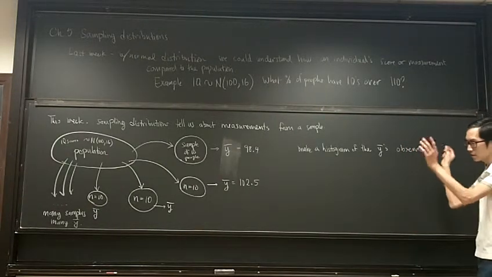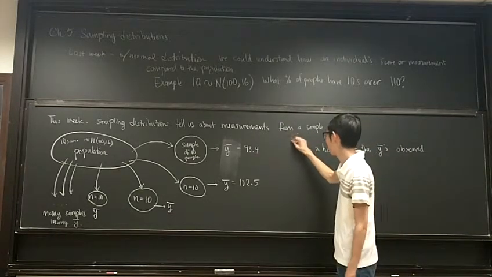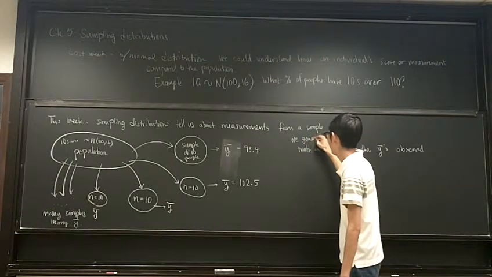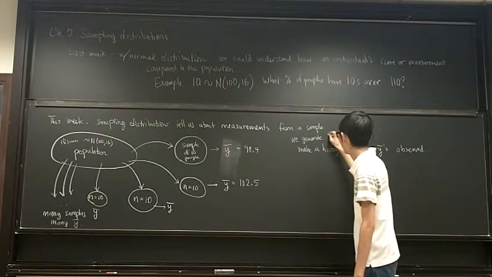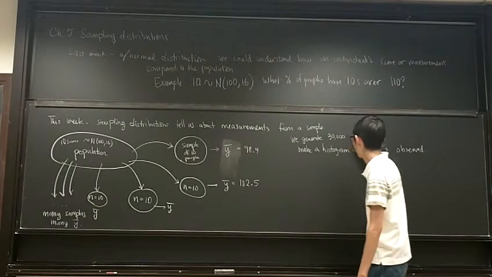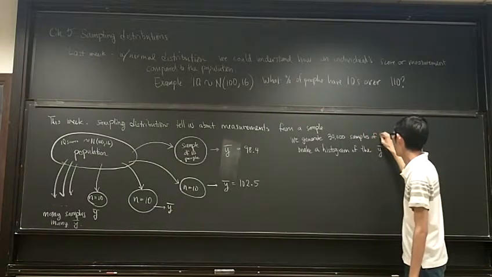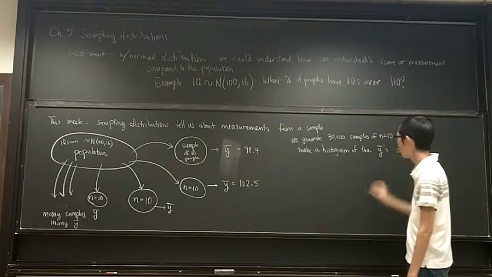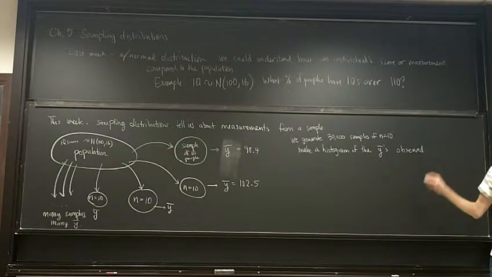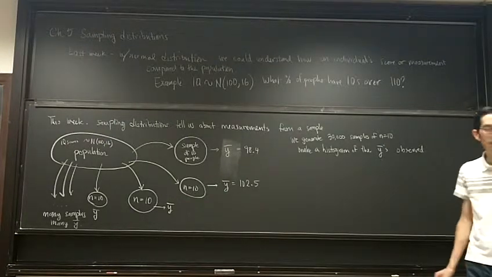Let's say we do this maybe 100,000 times. Maybe that's not even necessary. Let's say 30,000 samples of n equals 10. So how many y bars would I have? I would have 30,000. And let's say I make a histogram of all of these y bars. What is this histogram going to look like?